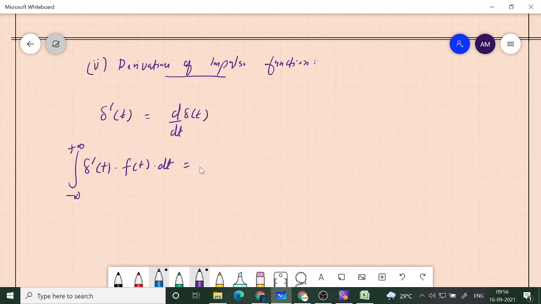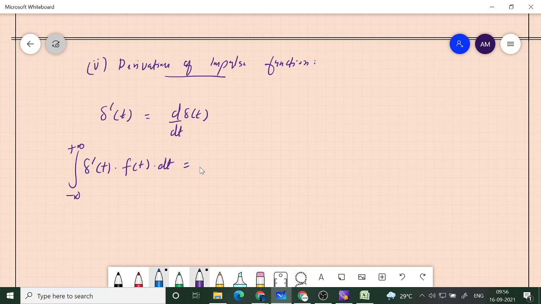So what are we doing? We are trying to understand what is the derivative of impulse function. We will understand it by looking at what this function does to an ordinary function. When you multiply with an ordinary, well-defined function and then integrate, what does it do? We know that what delta of t does is it will just sample the value of f of t at the location where this impulse comes.